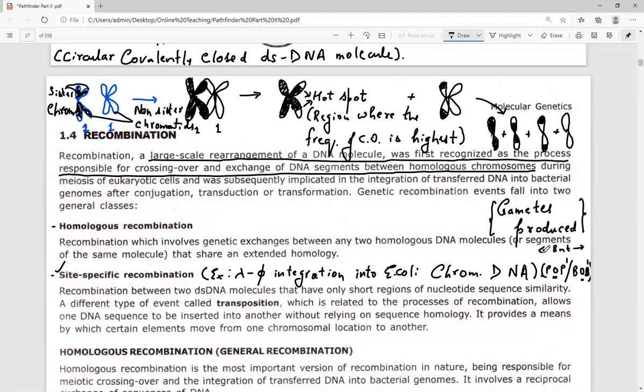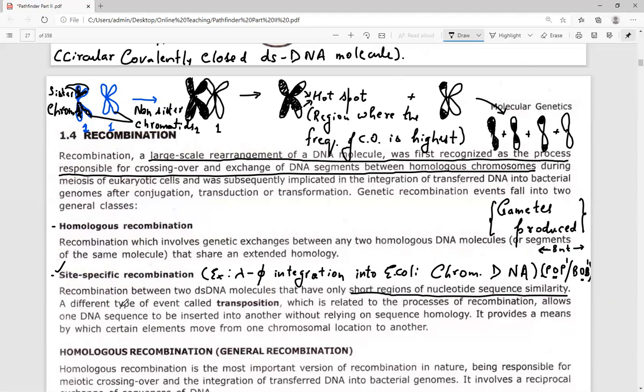The exchange of DNA takes place between two DNA molecules having just an 8 nucleotide sequence in common with each other. Recombination between two DNA molecules that have only a very short region of nucleotide sequence homology is referred to as site-specific recombination. So recombination can also occur between DNA molecules that have a short region of nucleotide sequence similarity.